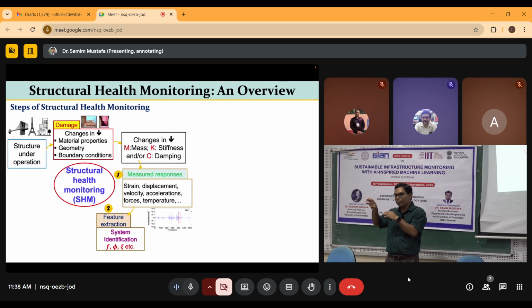So acceleration, suppose you are measuring, is not directly linked to the fundamental parameter. Acceleration could change because if you are moving a lighter vehicle, acceleration will be reduced, right? If you are moving a very heavy vehicle, or if you increase the traveling speed, then acceleration on the bridge will increase. So those are not parameters to be compared, right?